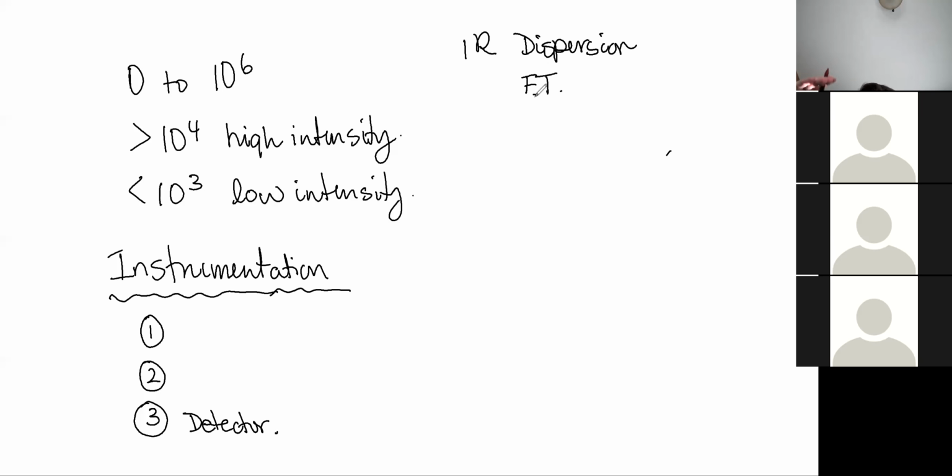And the difference between the dispersion and the Fourier transform for infrared was basically what? One of them had a lot more moving parts. One of them had still some moving parts, but it was easier, so to speak.